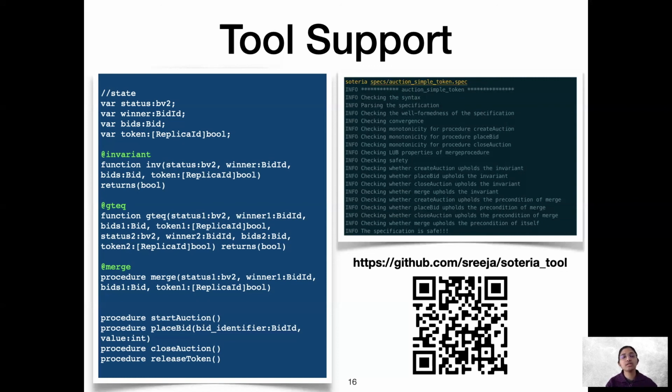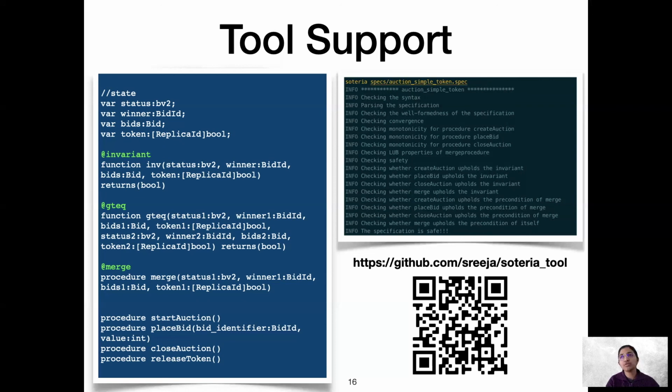So Soteria takes the specification as the input. It first checks the sanity of the specification. It looks for any syntax errors, and it checks whether the pre and post conditions are valid with respect to the implementation. It also uses Boogie to do these checks. Then it checks for the convergence properties.